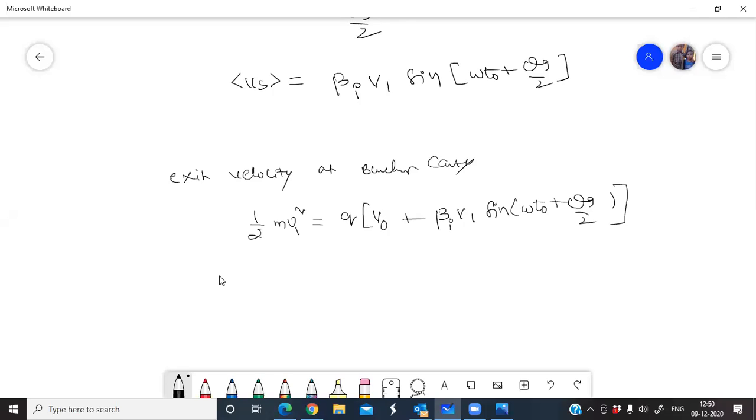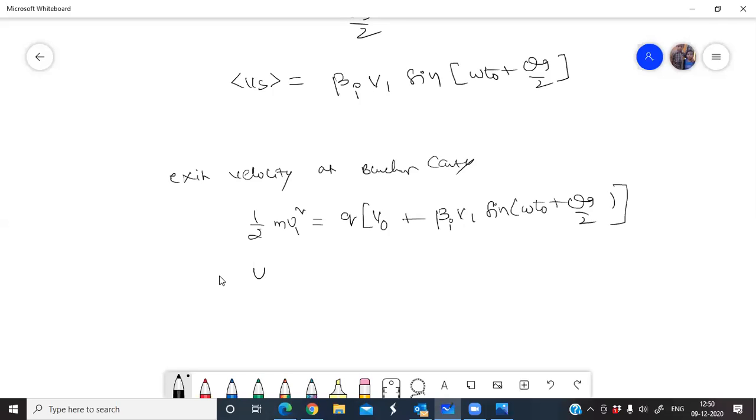And one more thing: here I want to assume that V1 is the exit velocity of the buncher cavity, and before the buncher cavity the velocity is equal to V0. After the buncher cavity I assume the velocity is V1, because the velocity changes. The velocity is not uniform after the buncher cavity.